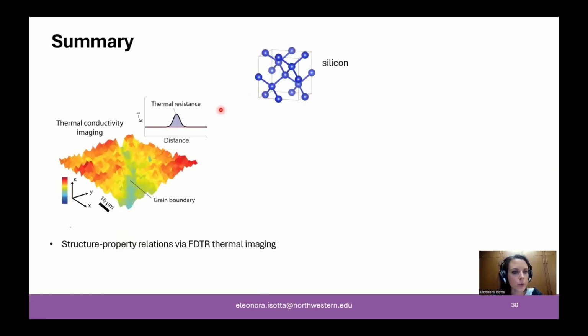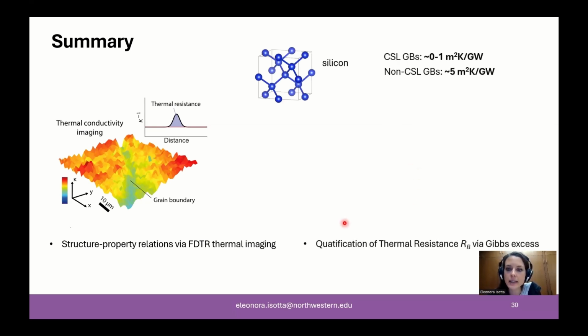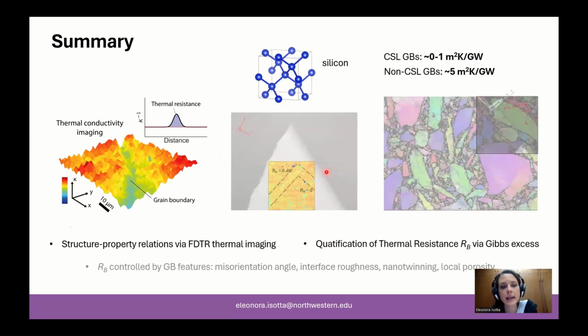Okay, so in summary, we have seen that we can use the FDTR technique, and in particular thermal imaging, for developing structure-property relations, where we can measure one boundary at a time and figure out what morphological variations in this boundary are responsible for the changes in thermal conductivity that we see. And we can give an estimate of the thermal resistance with the Gibbs excess method.